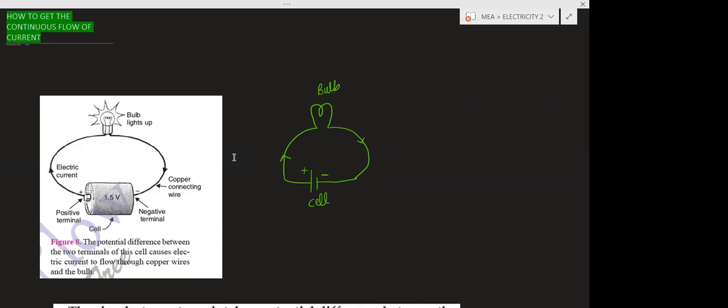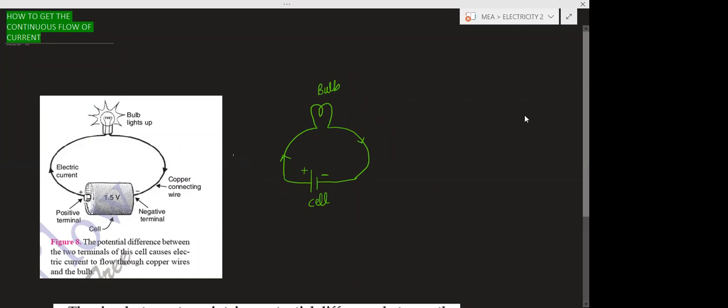An electron moves from the negative terminal to the positive terminal because electrons are negatively charged. But the direction of the current was assumed from positive terminal to the negative terminal. Why? Because earlier we did not know whether there was an electron or not.